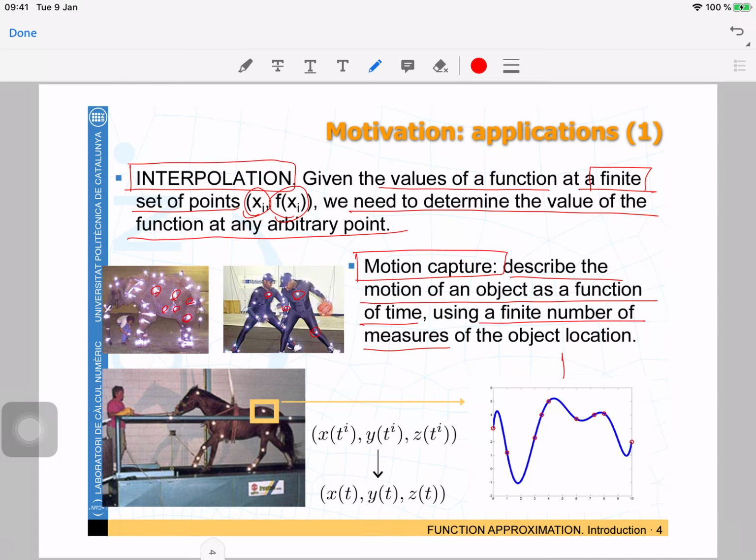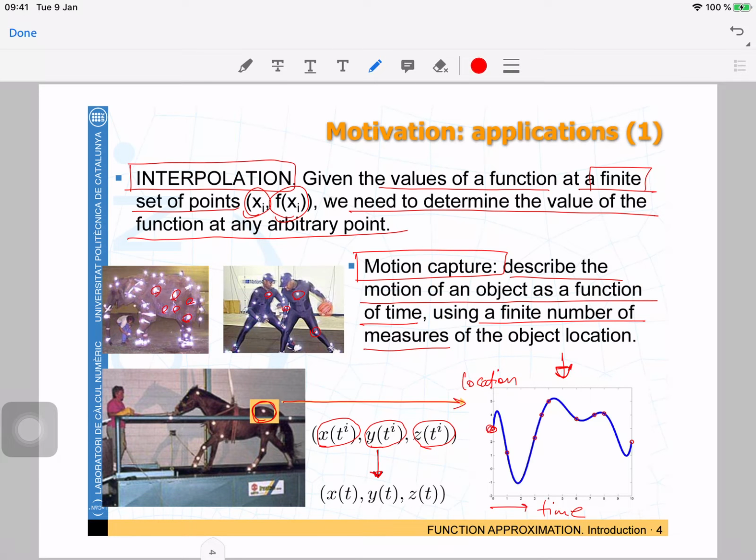So here in this graph is an example. So assume that we put a sensor on the body of a horse, and then we capture the location of this point as a function of time. So basically we have some data points at different times. Okay, and now we want to approximate a function from this data point.